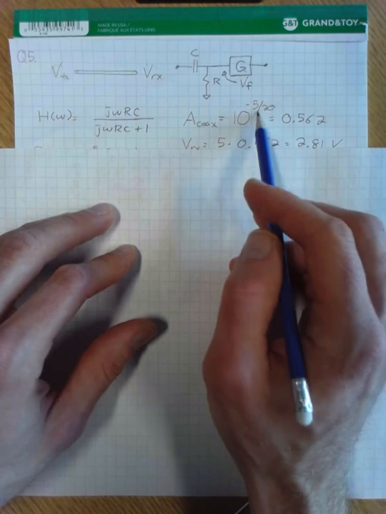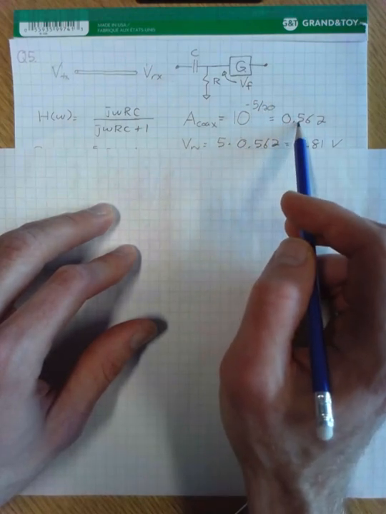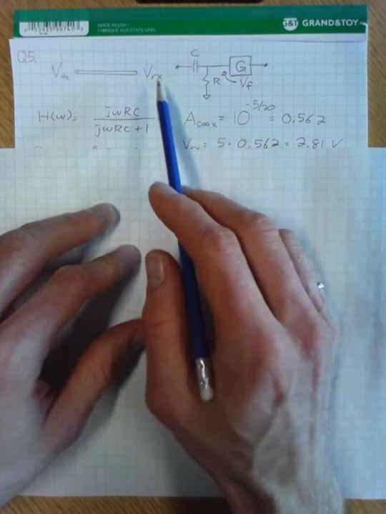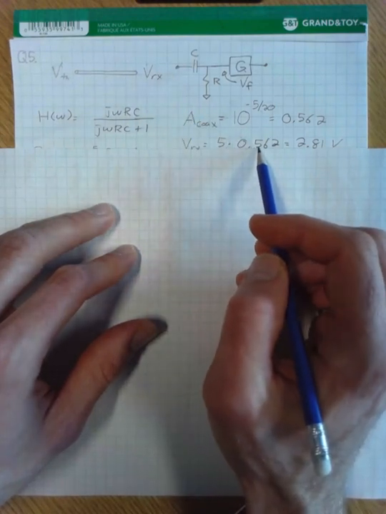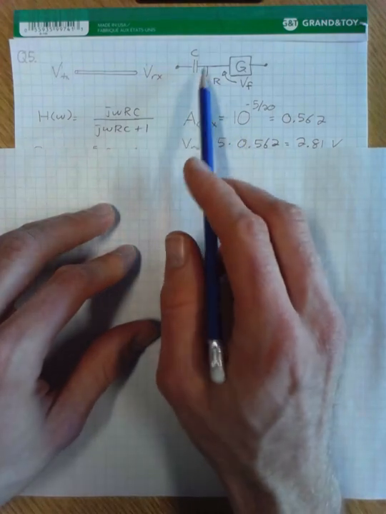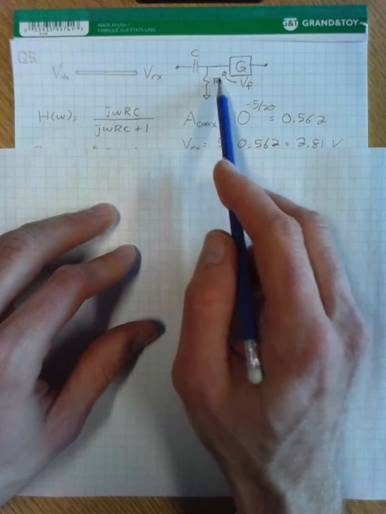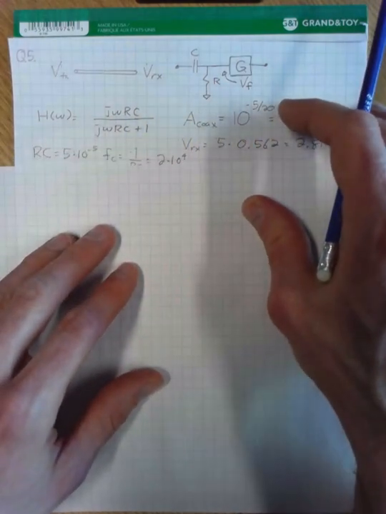This has to be 20 because we're dealing with a voltage gain. So our linear gain is 0.562, and then our voltage at this point in the circuit is equal to 5 times 0.562, or 2.81.